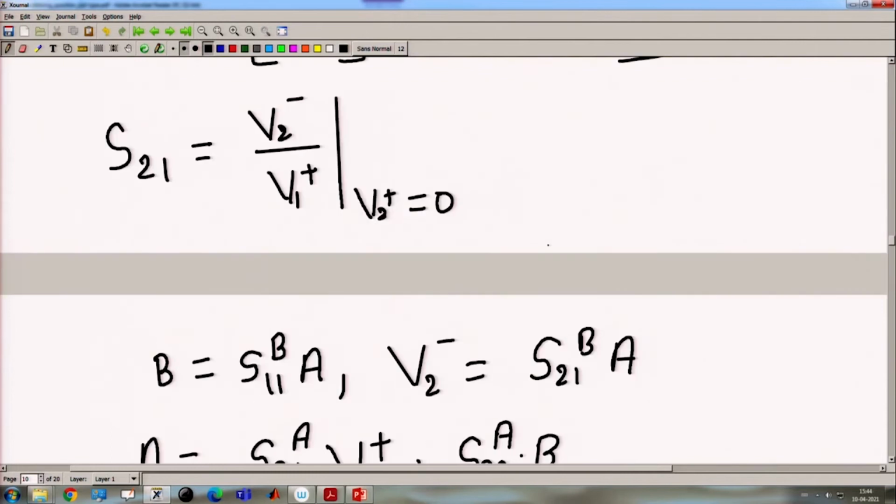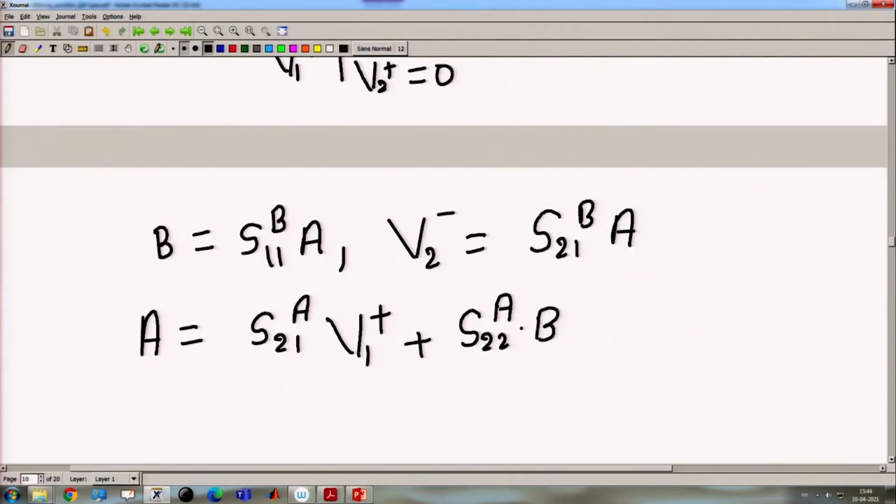B we have written as S11B into A, so we can substitute here.